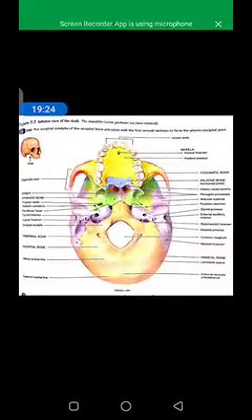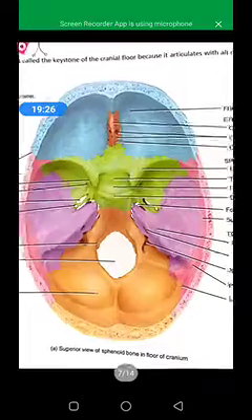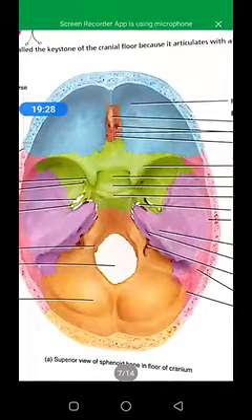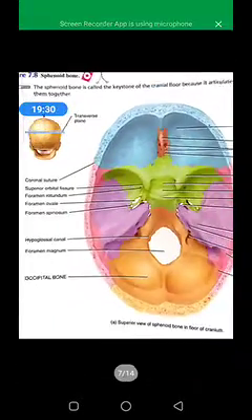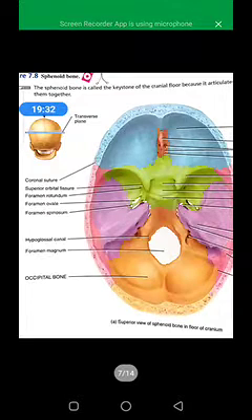Okay, now next is the inside. How will the inside look when you see the sphenoid bone? The sphenoid bone is called the keystone of the cranial floor because it articulates with all the cranial bones, holding them together.